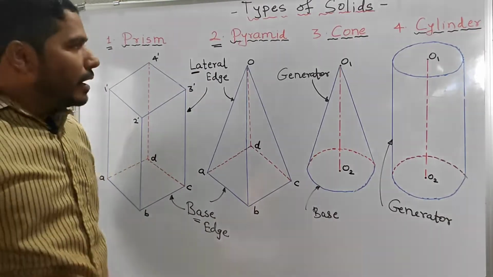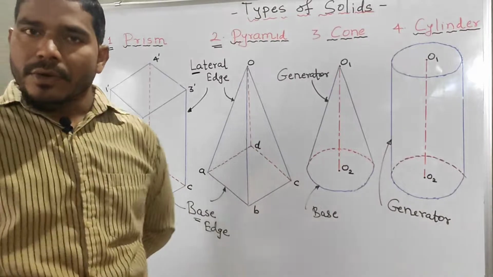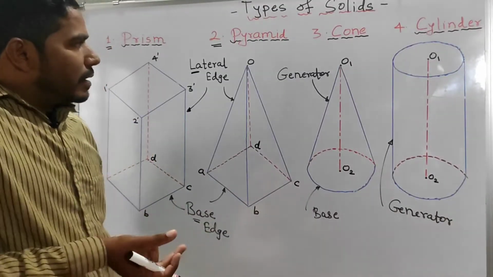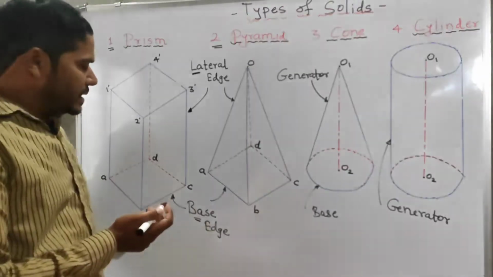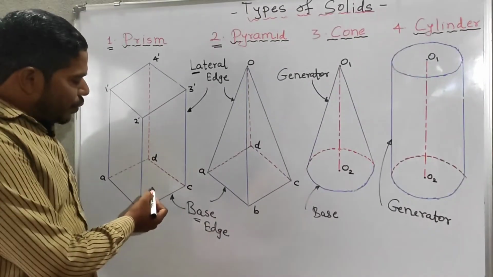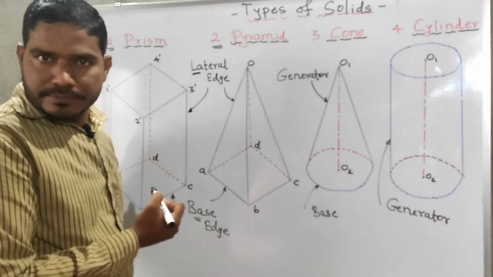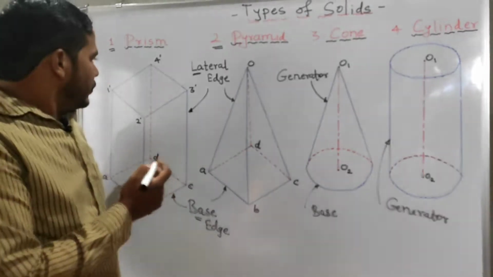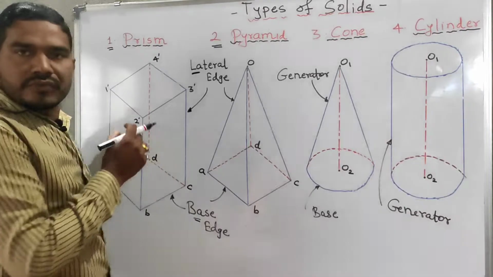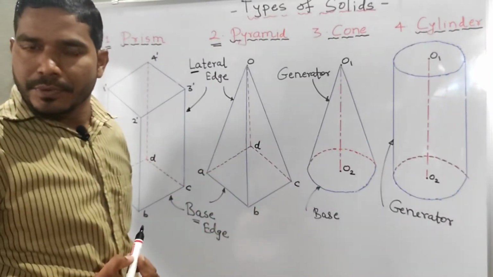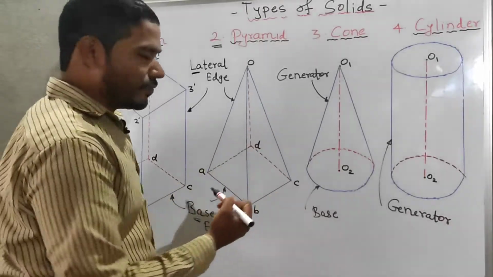Now we'll come to the pyramid. To define a pyramid, I'll go back to the prism. In a prism, the bottom face and the top face are identical. If we convert the top face into an apex, then a pyramid will be formed.